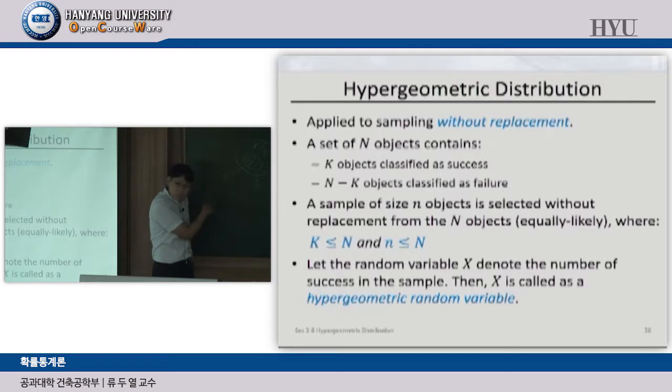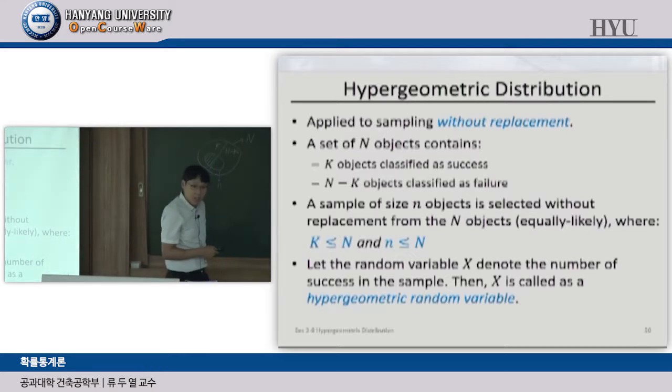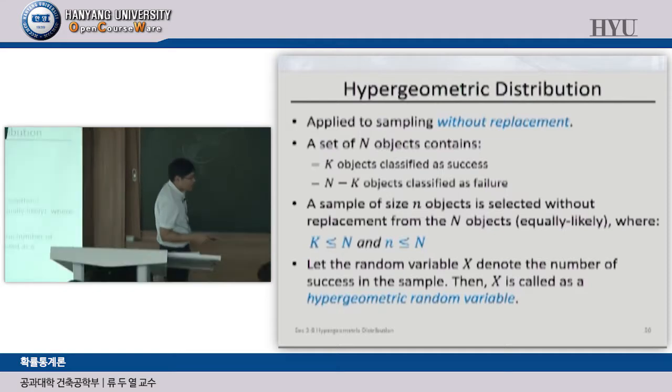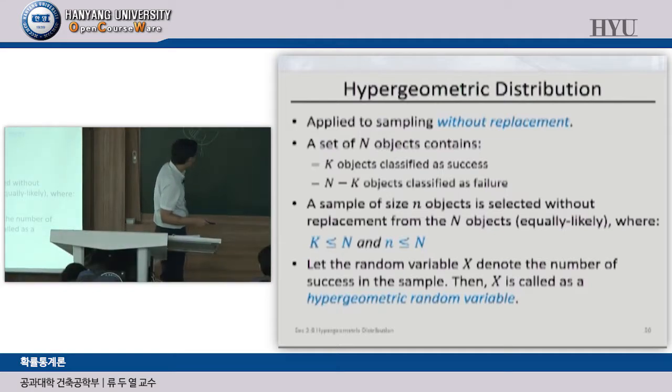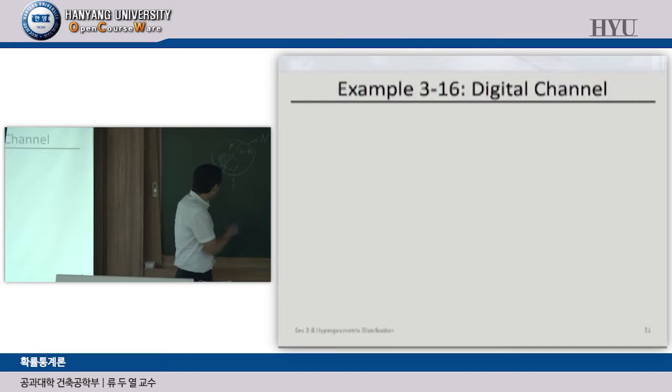And this is called a hypergeometric random variable, because this is the number of successes in the selected sample of size n. Okay? So that is the definition.